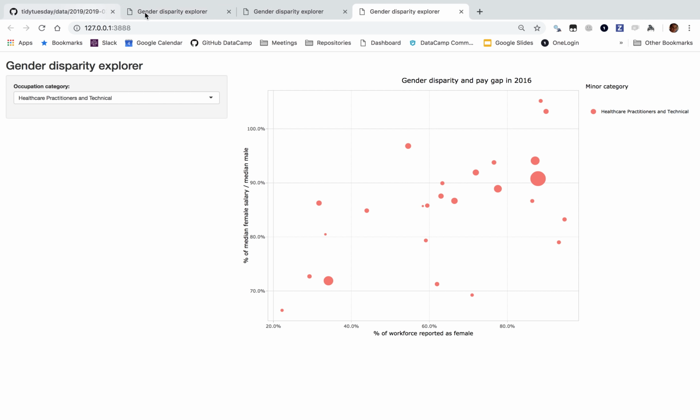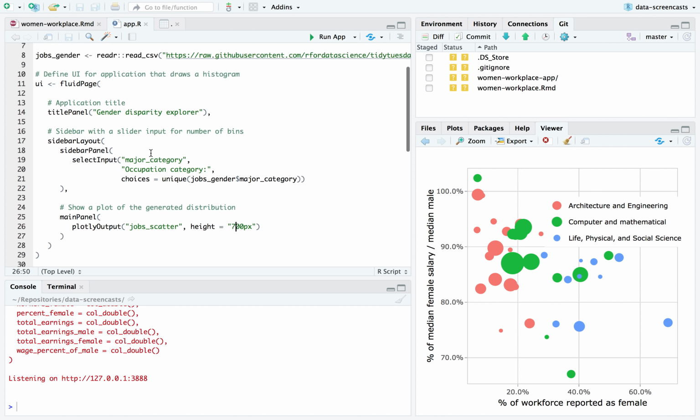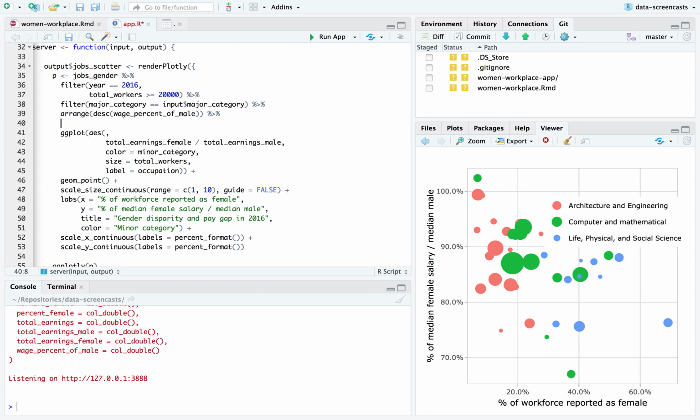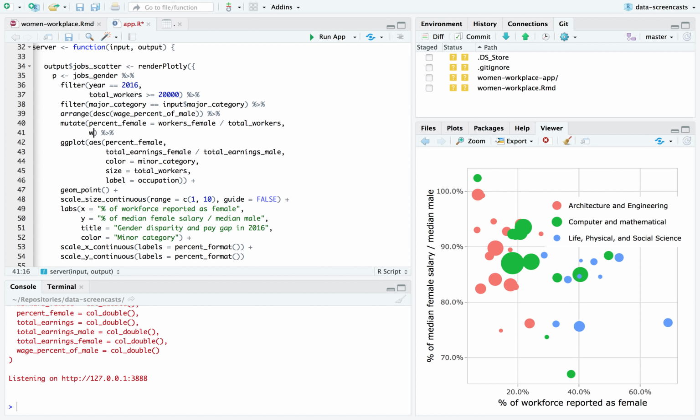Notice it looks clumsy because I have this step where I say the X is here. I'm going to add a couple columns beforehand, pre-compute them. It doesn't make it look much better, but I'm going to say percent female equals workers female divided by total workers, and say wage percent female is this.